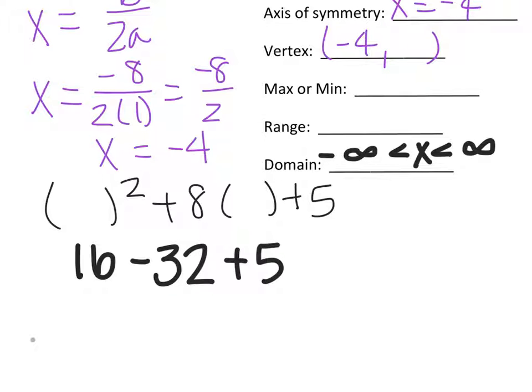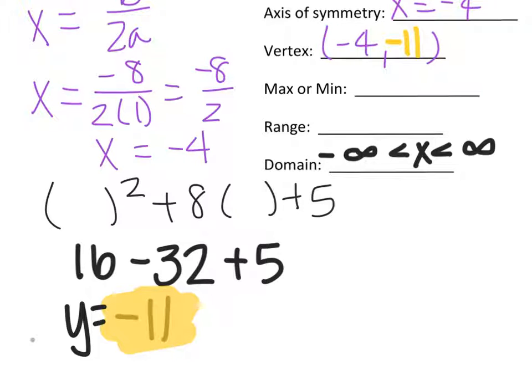And then I have plus 5. Well, 16 minus 32 is negative 16. Plus 5 is going to be negative 11. So that is going to give me the y value of my vertex. So y is going to be negative 11.